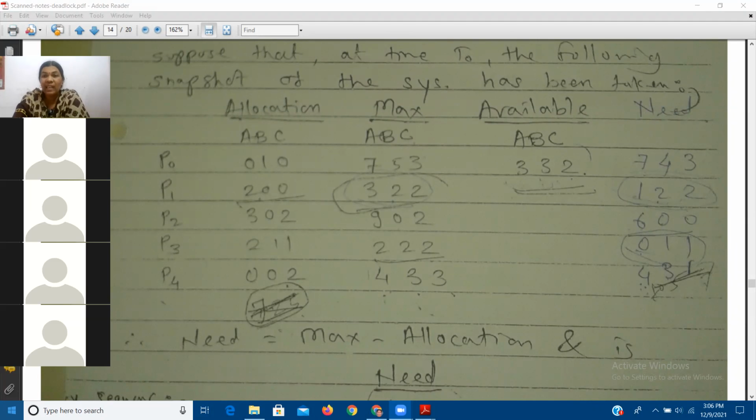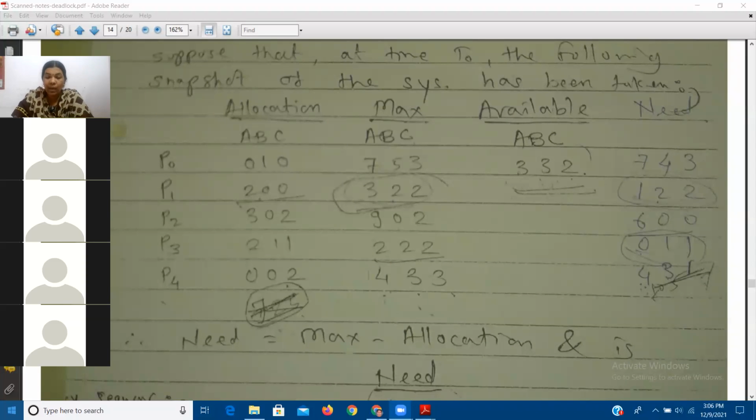So P3's need is 0, 1, 1. P3 ची नीड किती आहे 0, 1, 1 आणि आपल्याकडे अवेलेबल आहेत 5, 3, 2. तर आता आपण आपल्या सेफ सिक्वेन्स मध्ये P3 राईट करणार आहोत आणि P3 ची नीड आहे 0, 1, 1. तर ते 0, 1, 1 आपल्याकडे जे अवेलेबल आहे त्याच्यातनं मायनस करणार आहोत, म्हणजे ते आपण P3 ला देणार आहोत. सो नाउ माय अवेलेबल ऑर वर्क बिकम्स 5 minus 0 is 5, 3 minus 1 is 2, 2 minus 1 is 1.